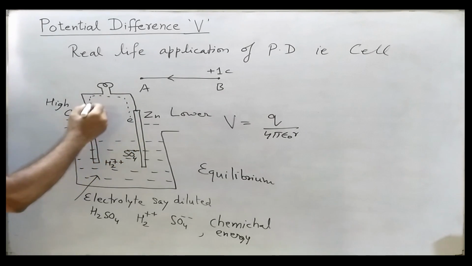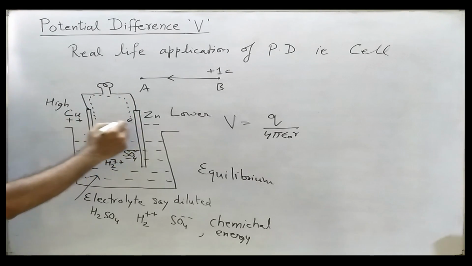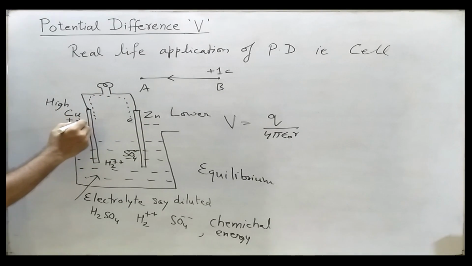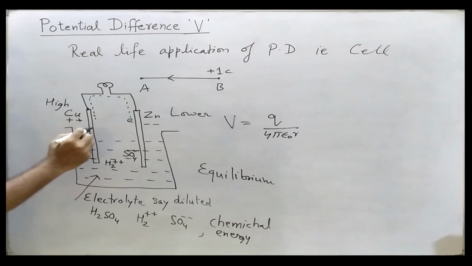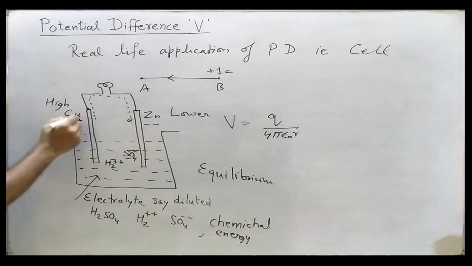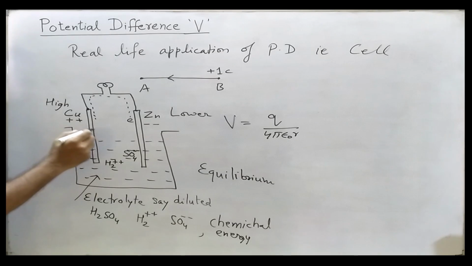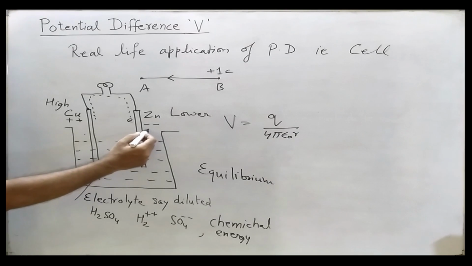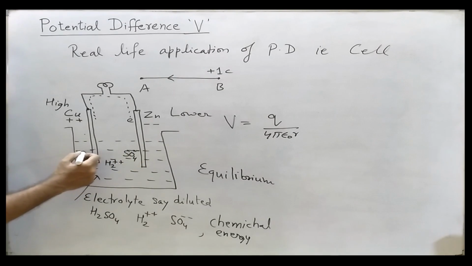As long as the current is flowing, the electrons will get neutralized with the positive charges on the copper electrode. The moment an electron is neutralized with one of the positive charges, the equilibrium state will be disturbed and reached again. It will chemically react and deposit one more electron here and one more positive charge there.